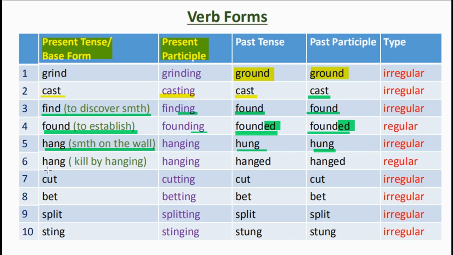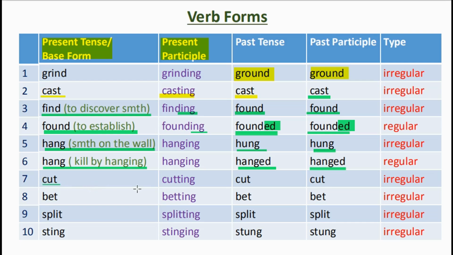But in number 6, when hang means to kill someone, to execute someone by hanging the person, the past tense is going to be hanged, and the past participle is going to be hanged. Hang as a verb has 2 meanings, and the past tense and the past participle are also different based on the meaning.